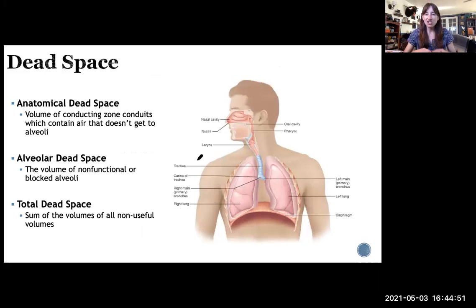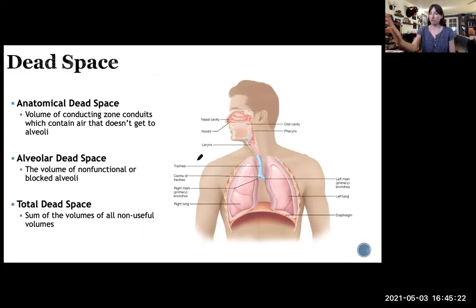So in addition to that residual volume that's left over in your lungs, there's also what we call dead space, which isn't just the name of a cool video game. I don't know if it's named after this, but it kind of makes sense if it is. Dead space is the areas of your upper respiratory system and the conducting zone of your lower respiratory system that contain air when you breathe in.